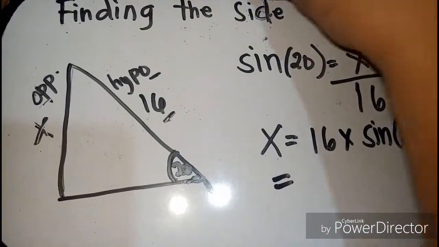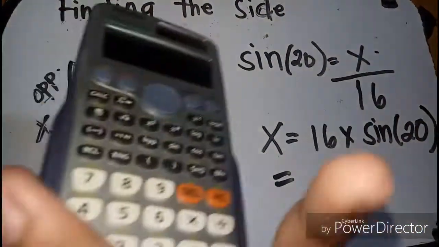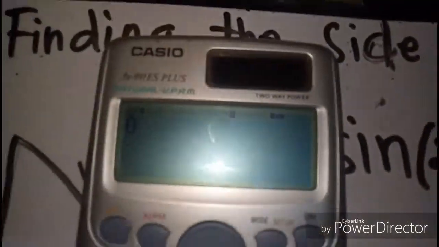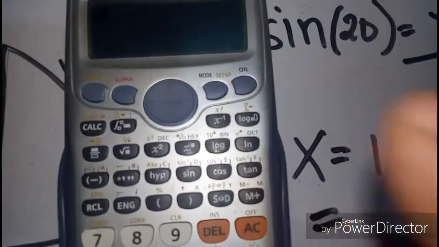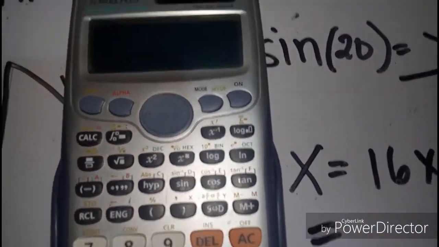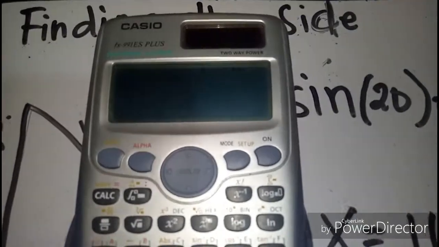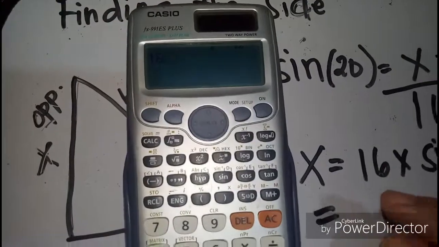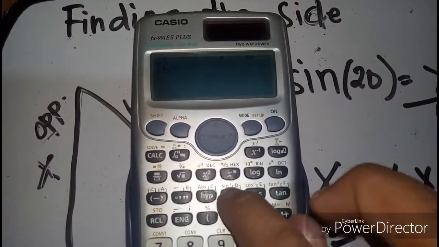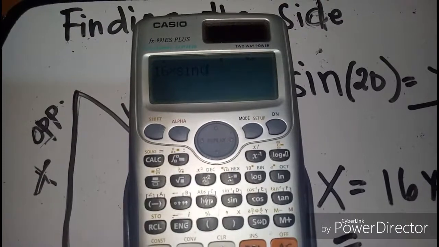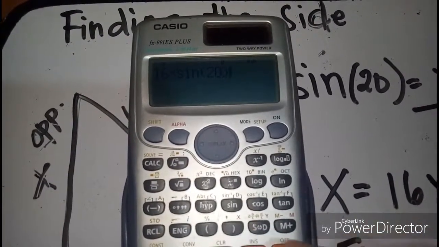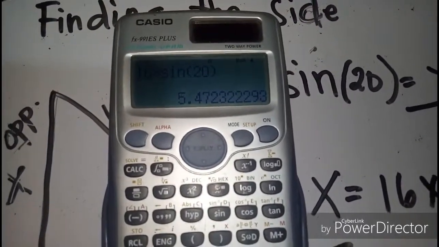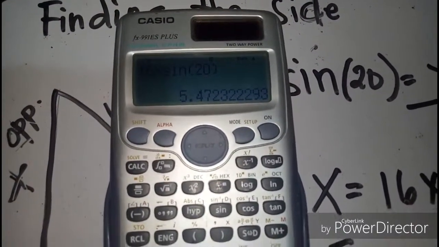So we're going to use the calculator to find the answer. So 16 multiplied by sine of angle 20 equals 5.4723222293.